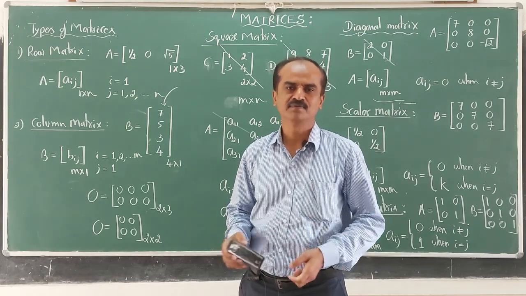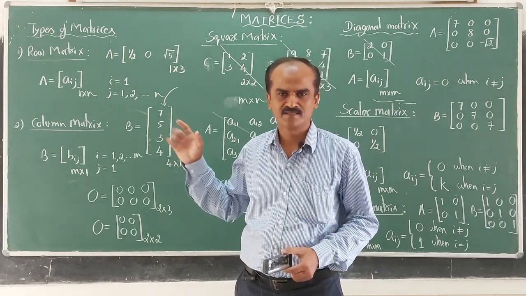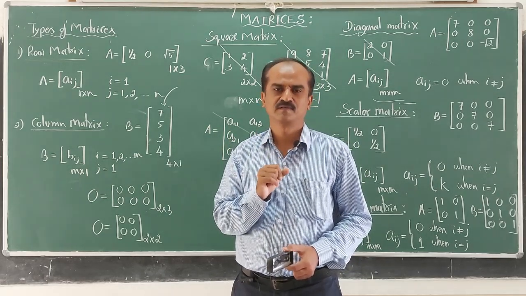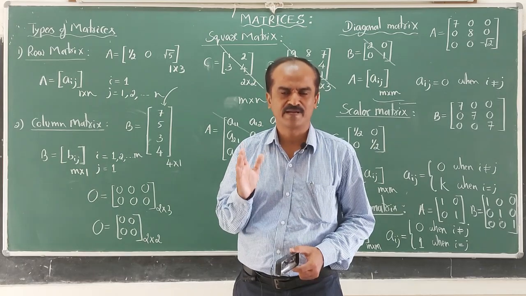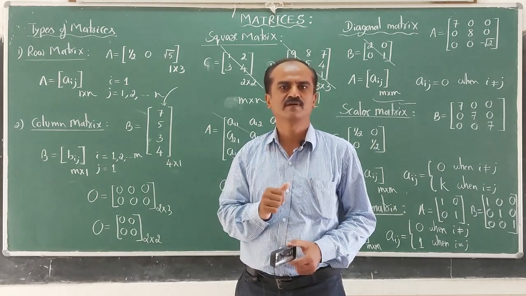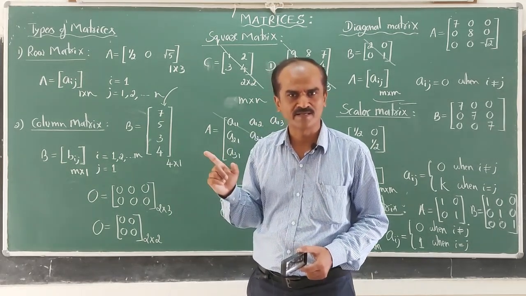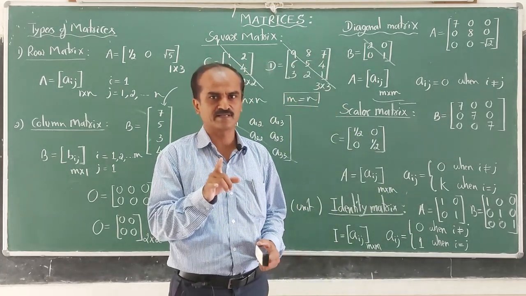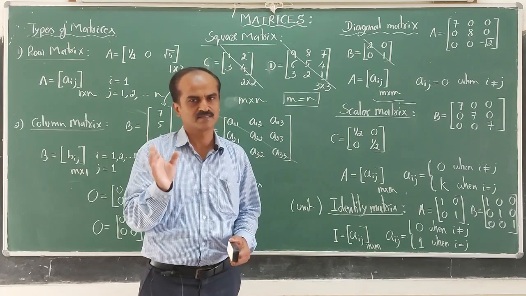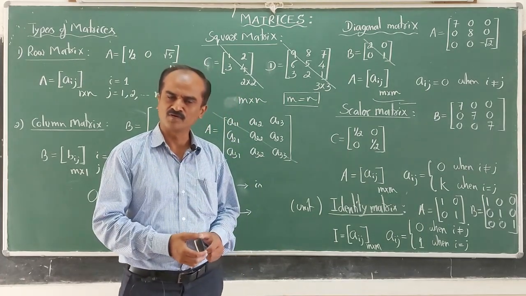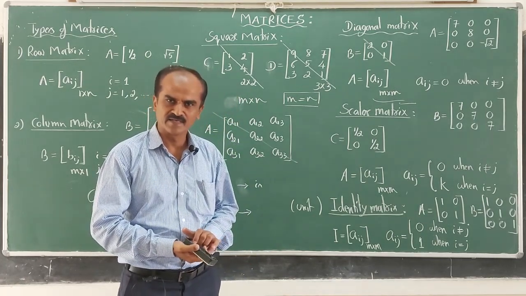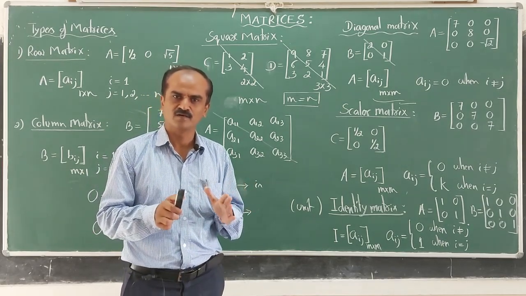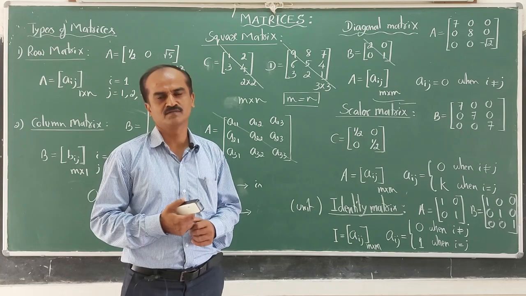They are very simple. Row matrix, a matrix which is having only one row is called row matrix. Column matrix, a matrix having only one column is column matrix. Square matrix, a matrix of order m by n is said to be square matrix if m equal to n, that is number of rows equal to number of columns. Diagonal matrix is a square matrix in which all non-diagonal elements are zero.